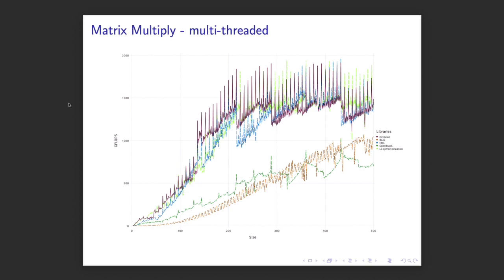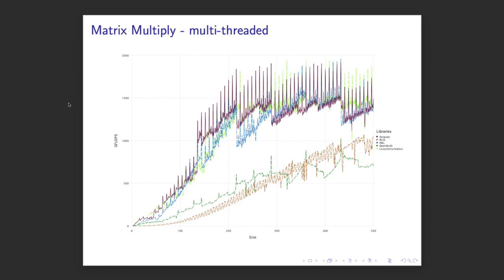This particular CPU has 18 physical cores, therefore even for fairly large 500 by 500 matrices, each of these multi-threaded matrix multiplies is composed of 18 fairly moderate-sized, fairly small matrix multiplies, and hence the ability to get excellent performance for these smaller sizes is crucial to good performance here.